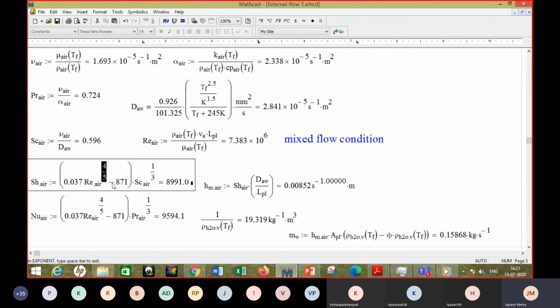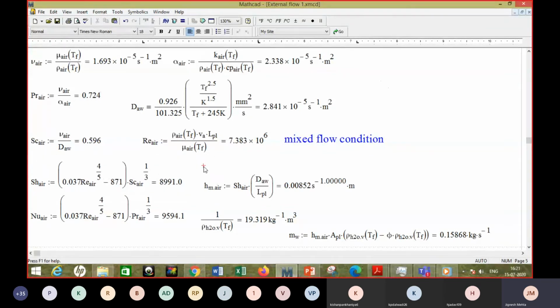So in that case, this 871 will diminish, right? It will be 0. So it's turbulent from the beginning, and you will get the Sherwood number somewhat bigger. But here nothing like that is mentioned, so you are assuming it to be laminar in the beginning, and then later on there is transition to turbulent flow. So you get the Sherwood number.